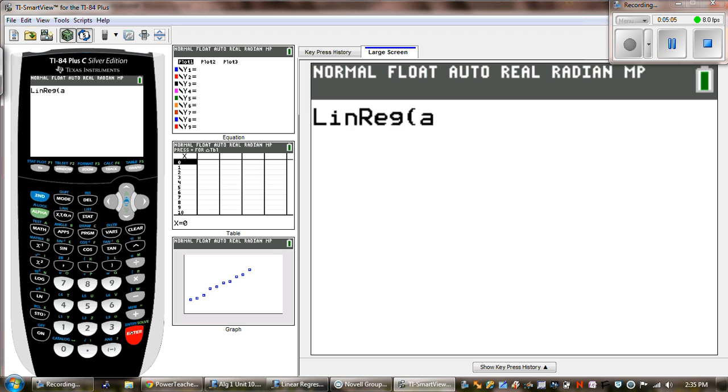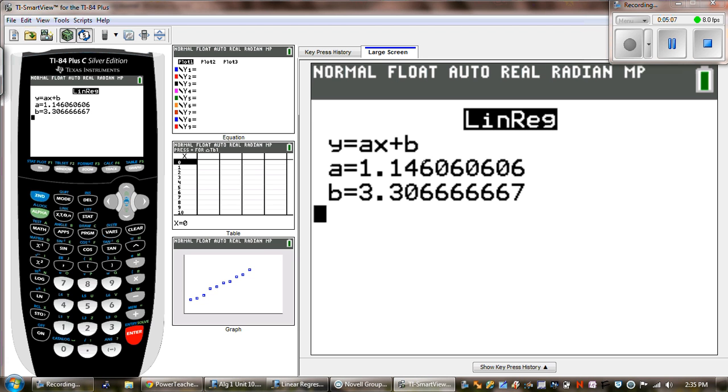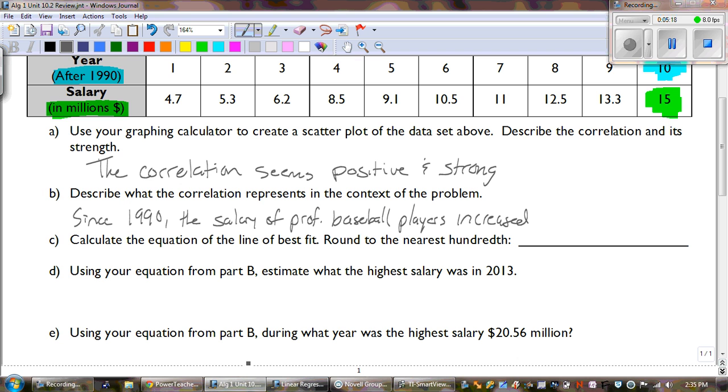I know my screen looks a little bit different, but when you hit enter, this is what you get. We round to the nearest hundredth, which means the second decimal. So we get the equation y equals 1.15x plus 3.31, and that's our equation rounded.